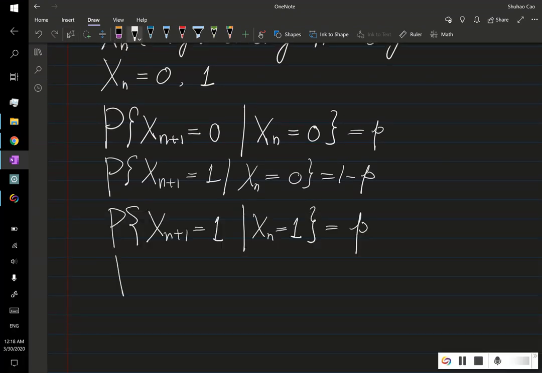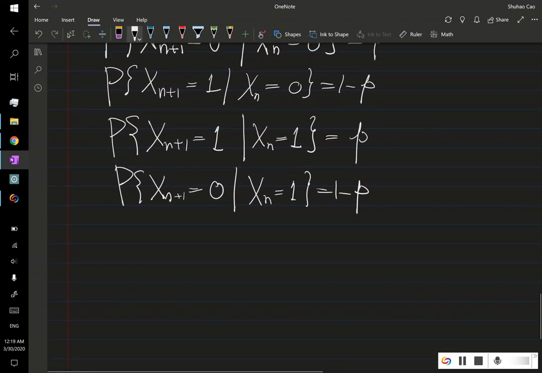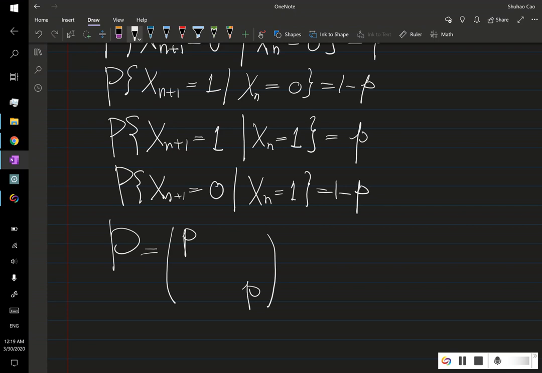And lastly, if our current state is 1, we have 1 minus p probability that it changes to the other state. So the matrix can then be written as: on the diagonal, both entries are p, and on the off diagonal, it's 1 minus p.